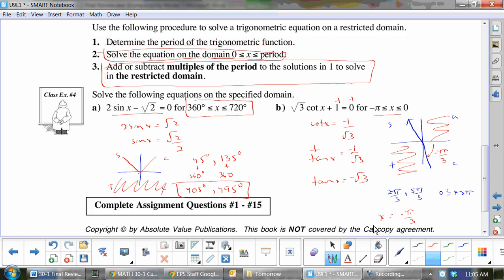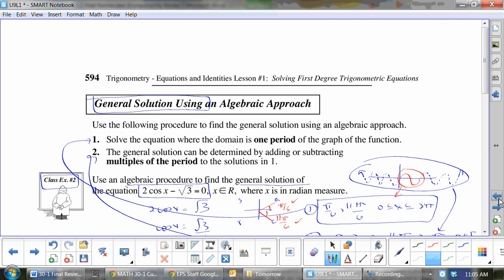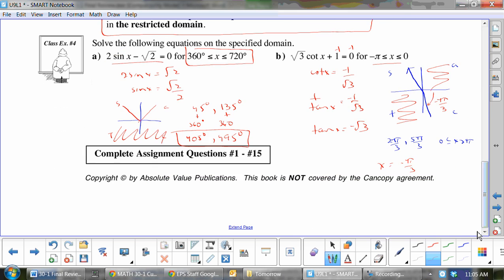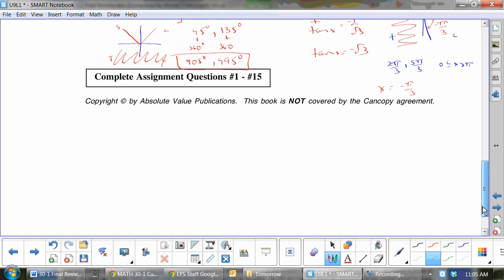Now, there is a lot of confusion that people still have. I want you to go to the very bottom. Just hit extend page and it gives you a lot more paper. There's something that students in the first class really helped with. They said, I'm getting all this messed up.